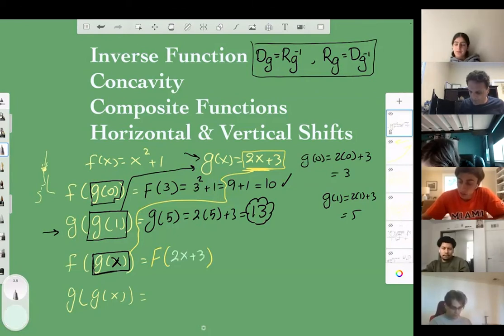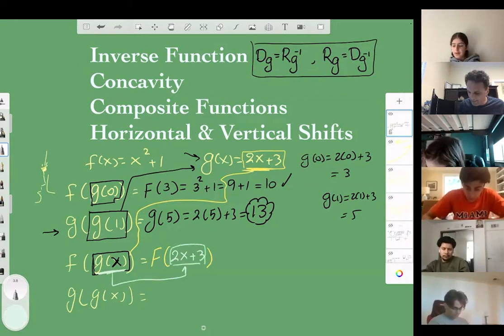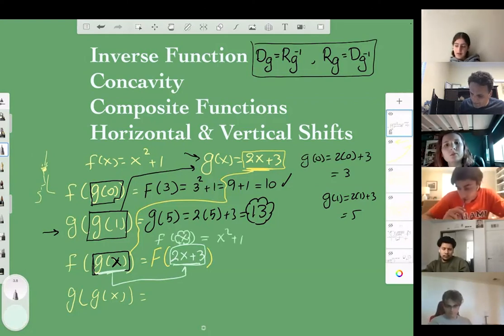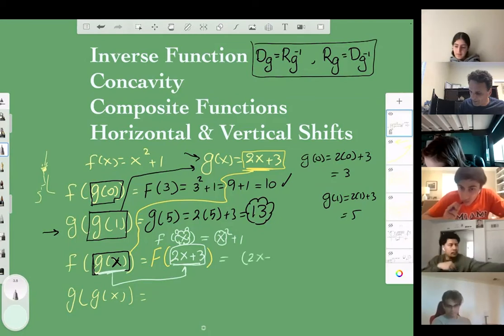Instead of g of x, I plug in 2x plus 3, because g of x equals 2x plus 3. F of x was equal to x squared plus 1. So whatever is inside, if this is anything, you've got to plug it there as well. So it's going to be parenthesis 2x plus 3 squared plus 1.